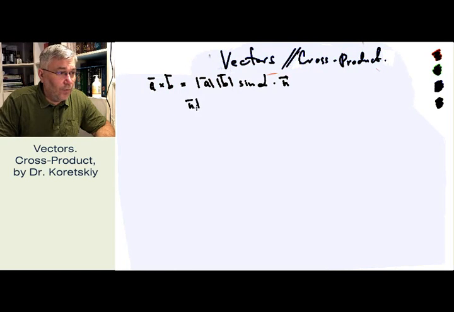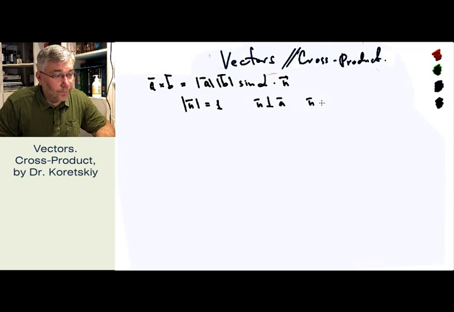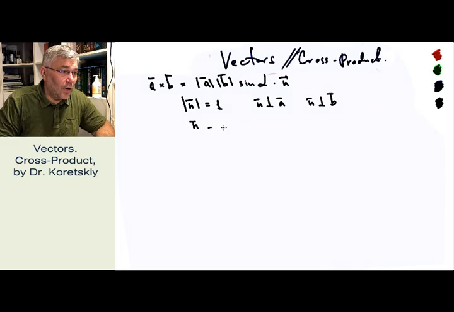And I said before that n vector is a unit vector, so its magnitude equals 1, and this vector is perpendicular to vector A and B. And some people say that vector n is a normal vector.